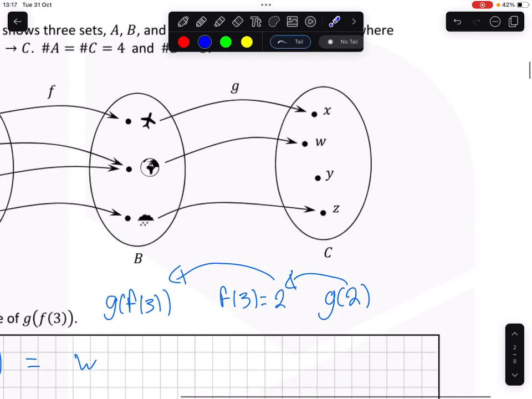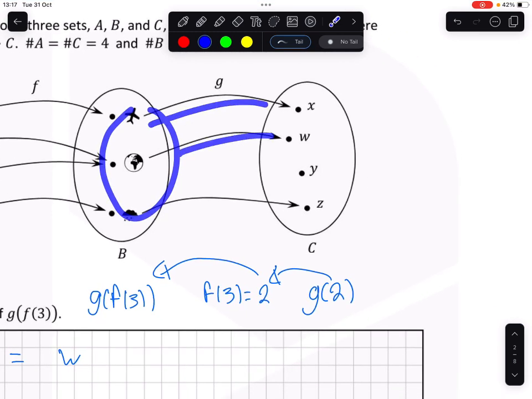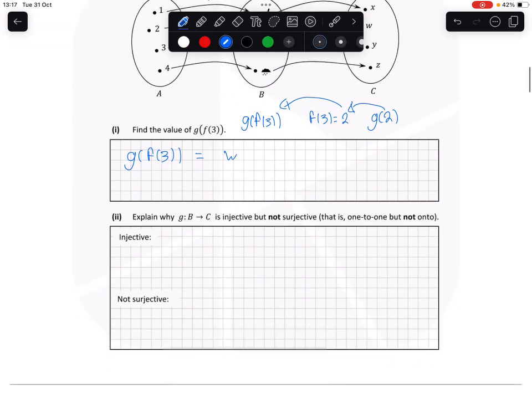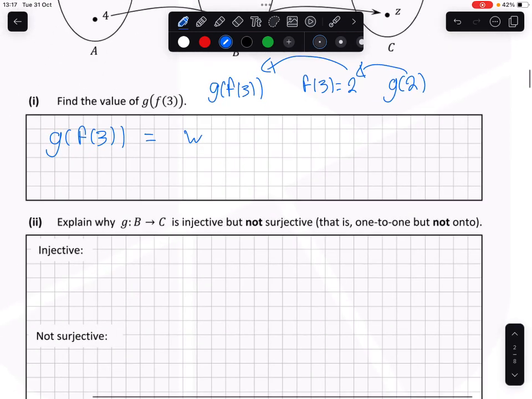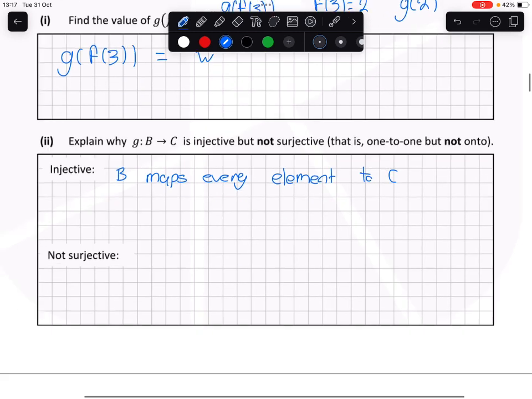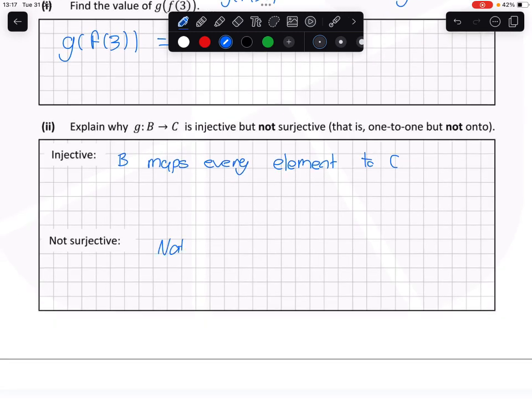So if we look at B again, B maps 3 things to X, W, and Z, but nothing gets mapped to Y. So we know it's injective because B maps every element to C. And why it's not surjective: not every element in C gets mapped to from B. And there we have it.